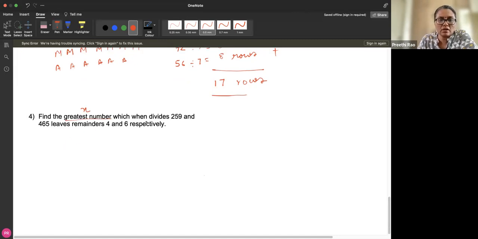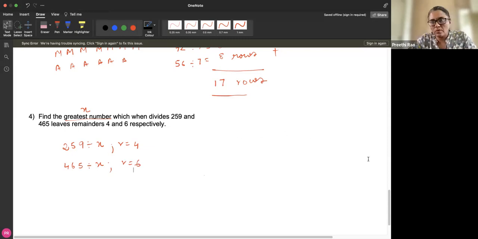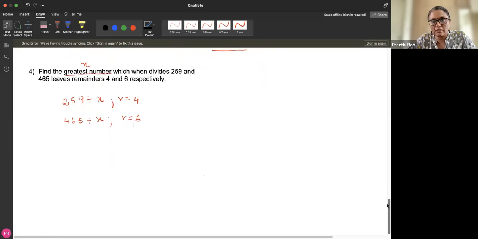When it divides 259, it gives a remainder of 4. And when it divides 465, it gives a remainder of 6. What is the number? Please post your answers in the chat.